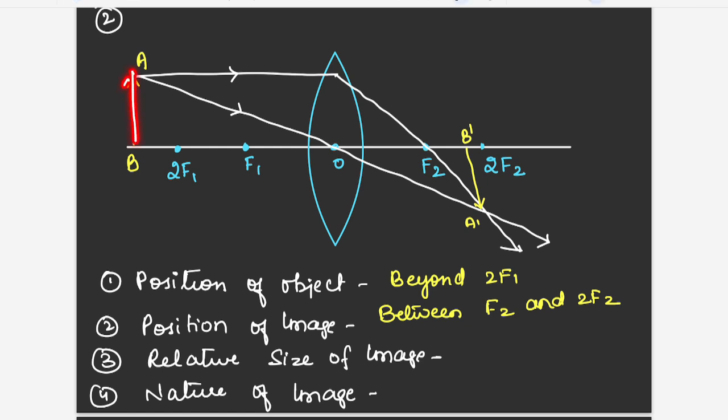Here you can see the image formed is a little bit smaller when compared to the object. Use the scale to draw this. A smaller image is formed. So you will write diminished image is formed. Diminished means smaller size. And the nature of the image is real and inverted.